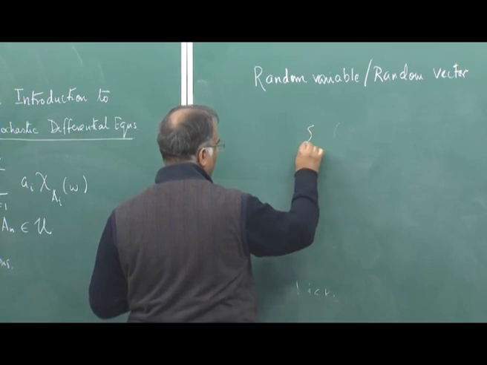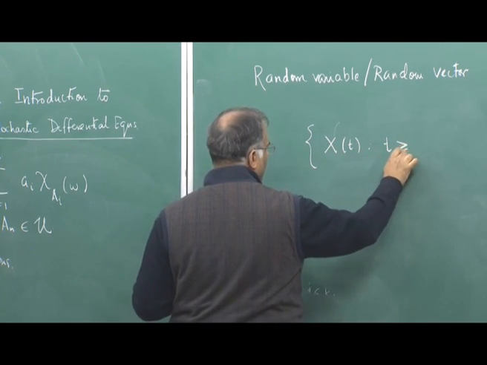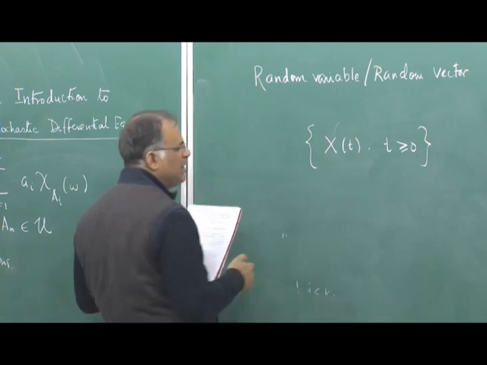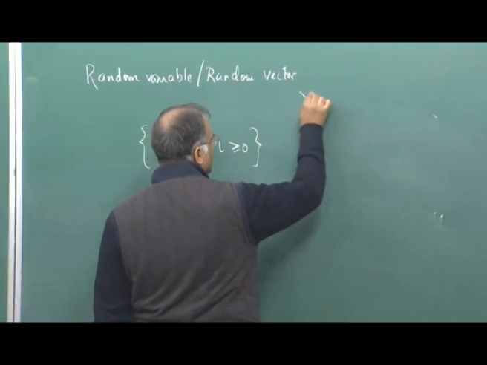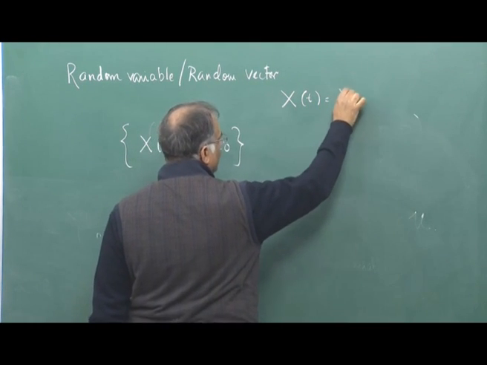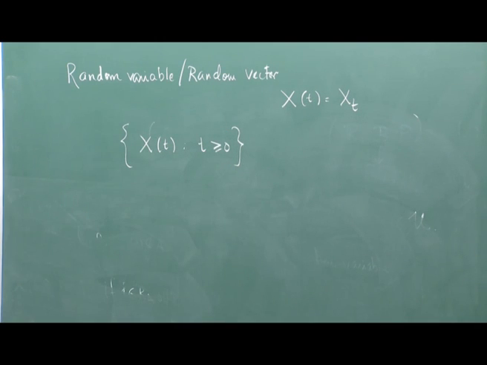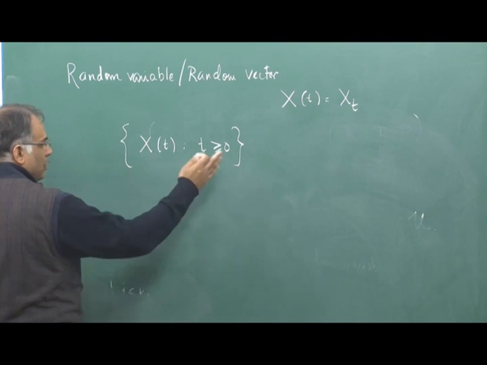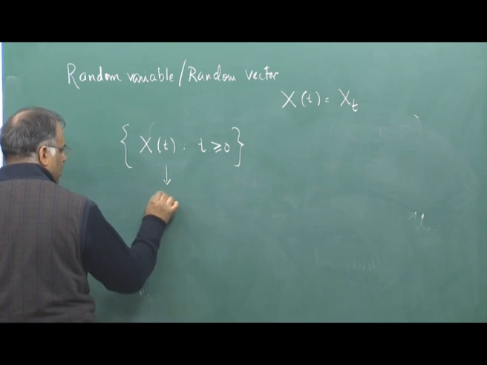So, you take a collection of random variables, for each t, which essentially denotes time, this Xt is a random variable. Sometimes some authors write it as X of t. We will maintain the symbol Xt here, because it is much more helpful for handling certain things. This collection could be infinite of course, or it could be finite also. So, this is called a stochastic process.